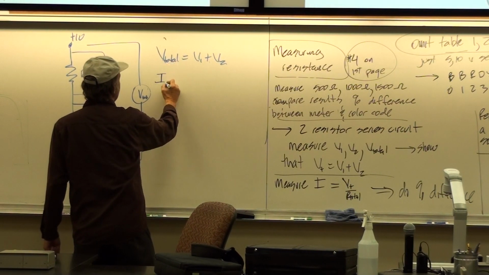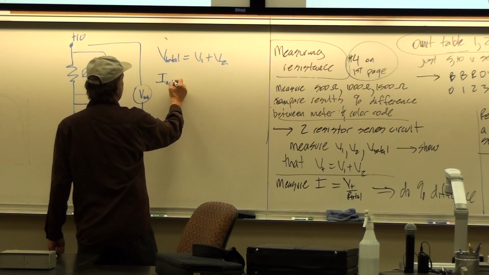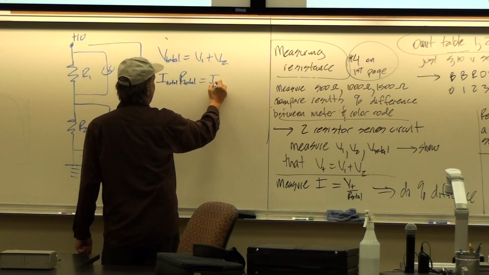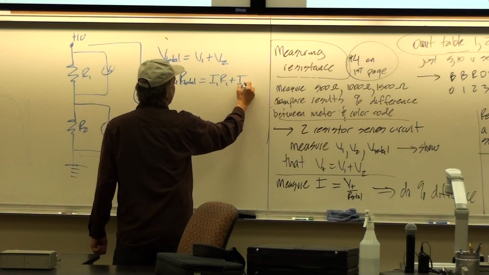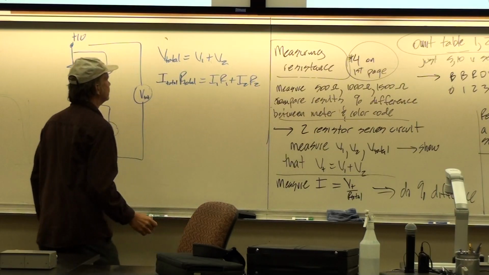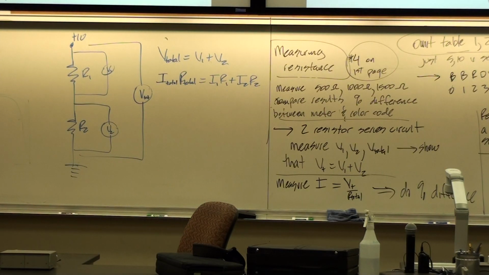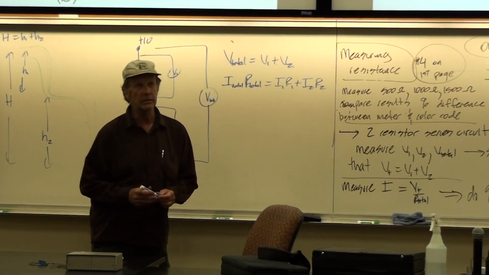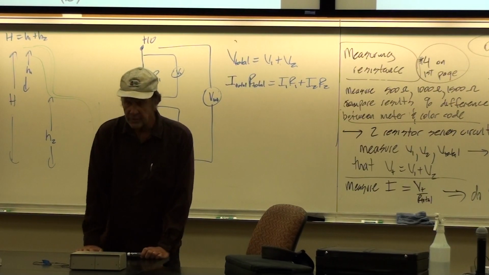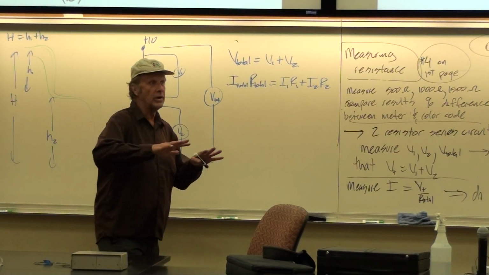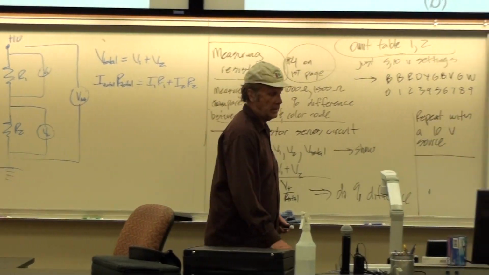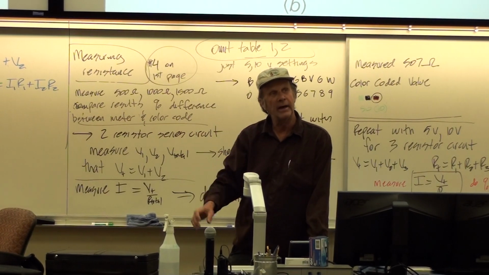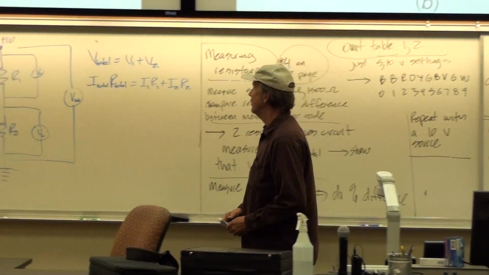So I can write V total as I total, that's the total current flowing through the circuit, times R total, equals I1 R1 plus I2 R2. And from that, I can come to the conclusion that because there's nowhere for the electrons to go other than to flow right through the wire, the current has to be the same all the way through.